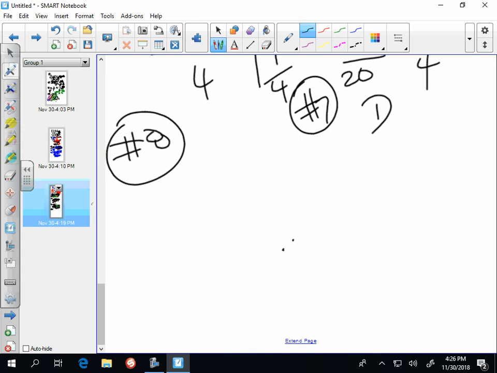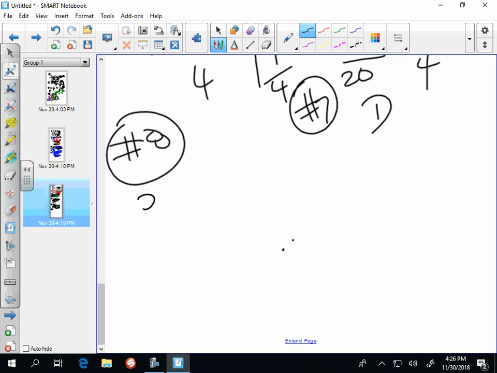Based on the probability distribution in that table up there, what's the expected value? Well, we've seen expected value before. It's that mean thing that we did where we multiplied the choice times how many of that choice we have, but that choice times the probability of the choice.